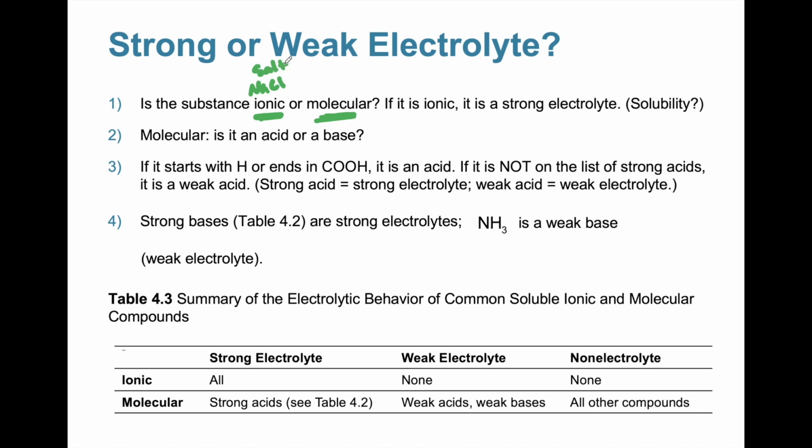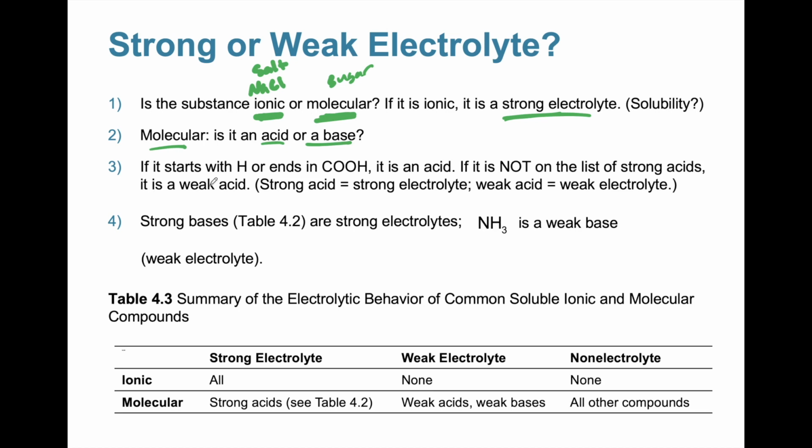That's the example for an ionic compound, and then molecular would be sugar, right? And so you can apply this to acids and bases as well. If the base is an ionic looking kind of base, then it's going to be a strong electrolyte. If it's molecular looking, then it's going to be weak.